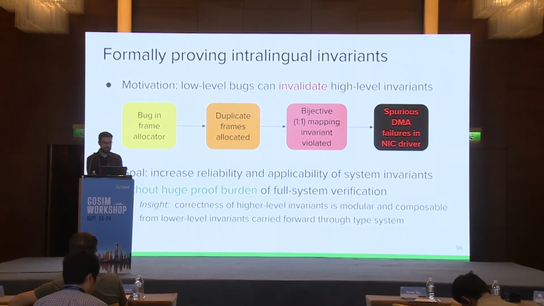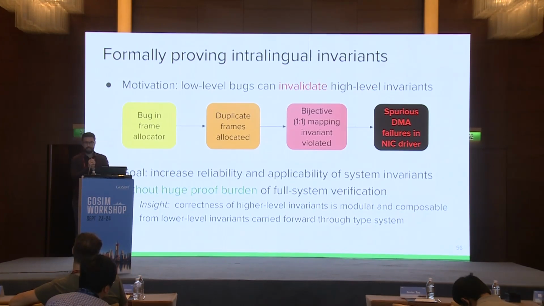When those don't hold, for example, we had a very insidious, sneaky bug in our frame allocator that caused duplicate frames to be allocated accidentally. What this did is allowed you to violate that bijective mapping invariant to where we were able to have multiple pages mapped to the same frame. And then this caused very hard to debug spurious failures of DMA in a network driver, right?